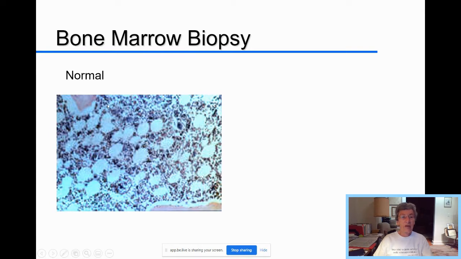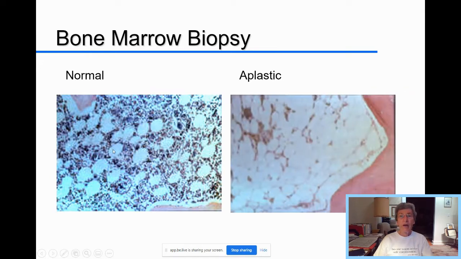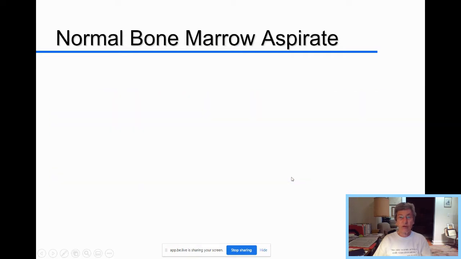In that case, since we've got about 10 to 15% space, this would be normal in a teenager. This is an aplastic marrow, where the white spaces between the cells are greatly enlarged because there aren't any cells or not enough to fill the spaces.